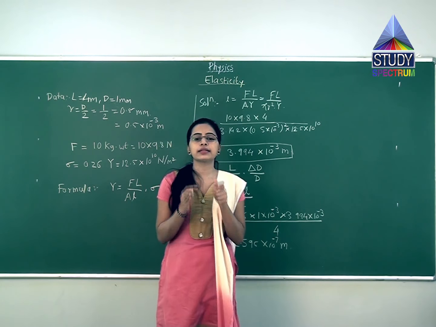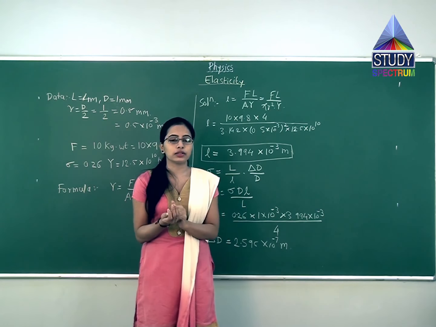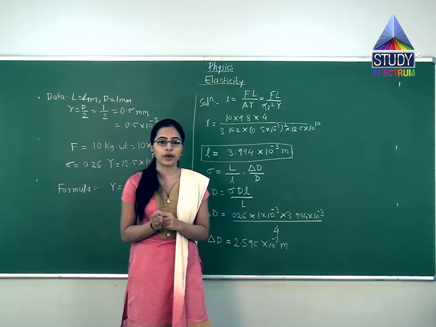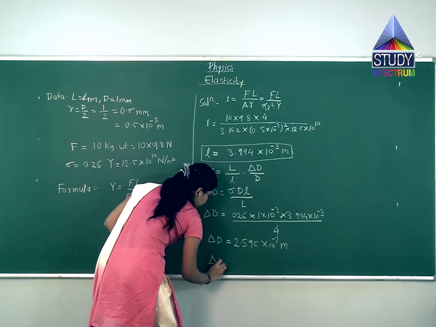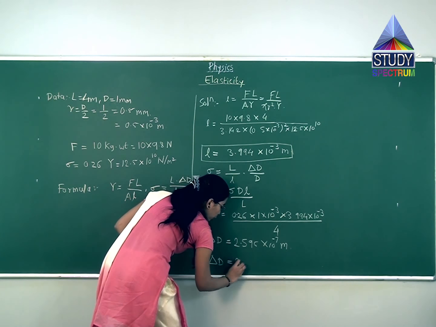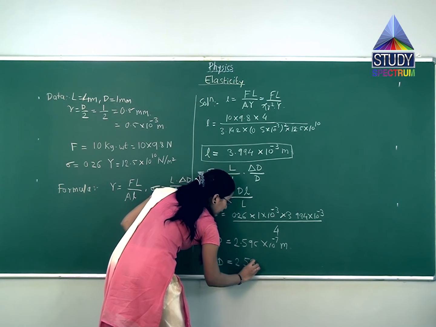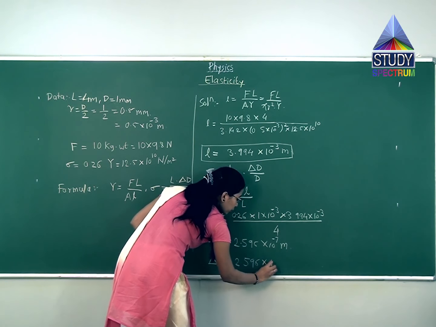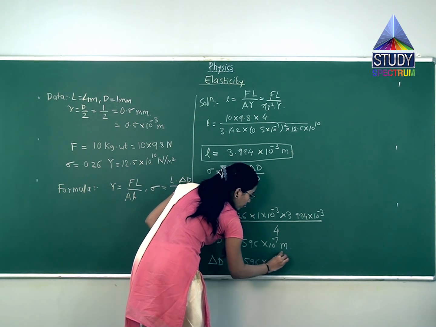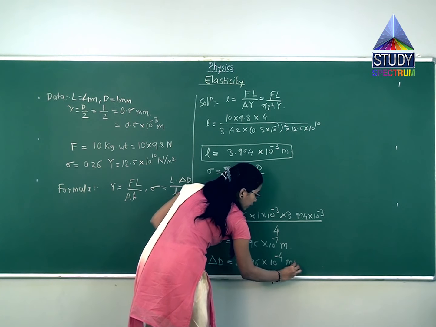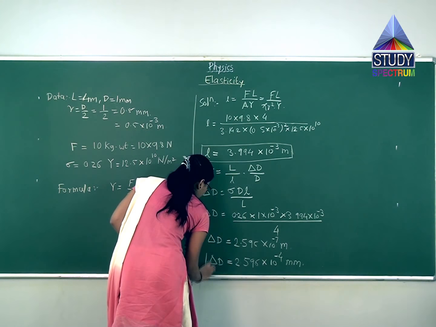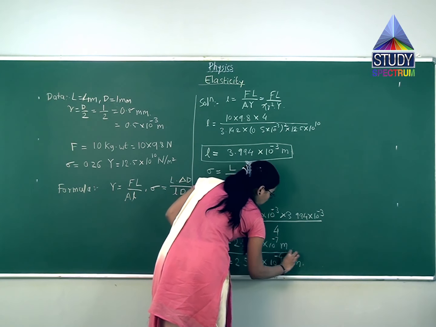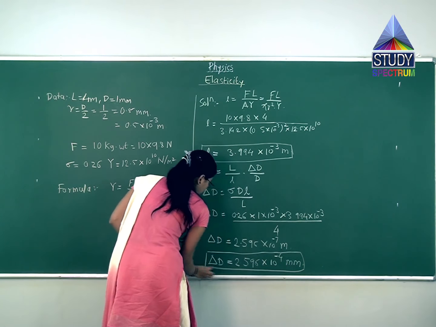So this is the change in the diameter of the wire. In millimeter we can also write 2.596 into 10 raised to minus 4 millimeter. So box this answer.